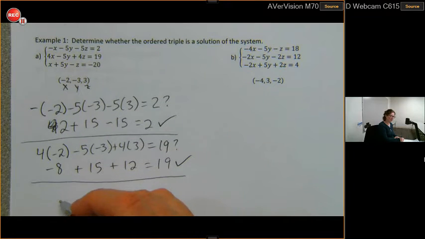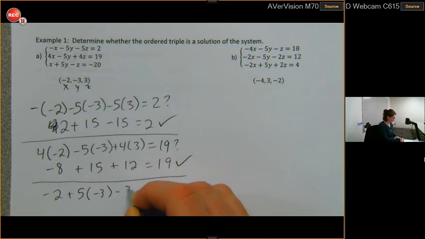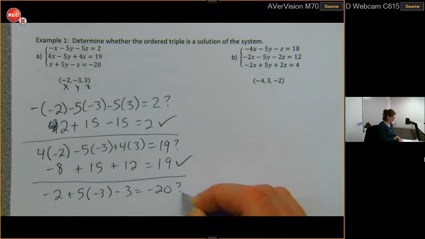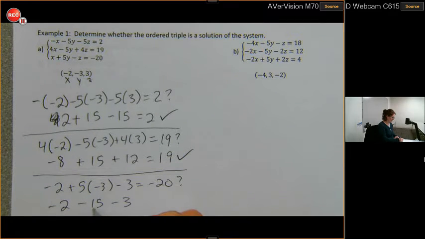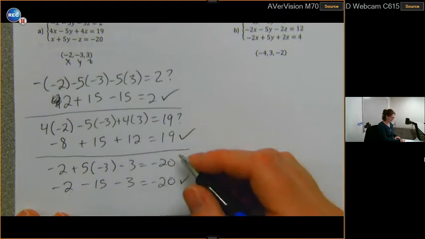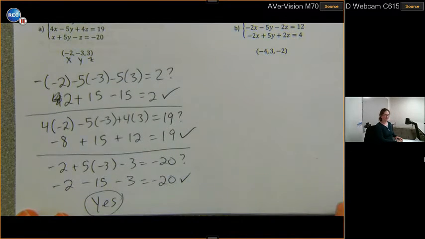One more equation to go. Negative 2 minus 15 minus 3. So that's negative 17, 18, 19, 20. It does indeed equal negative 20. So our answer here is yes, that given ordered triple is a solution.